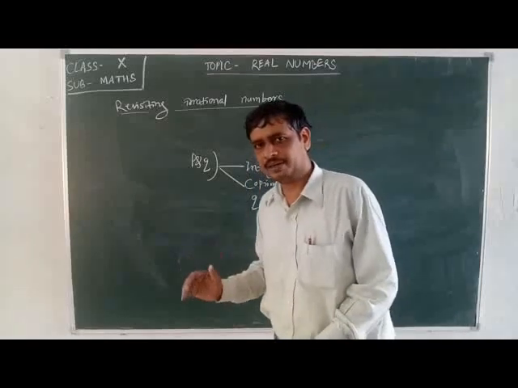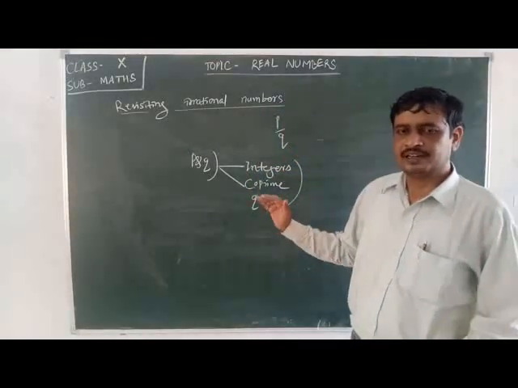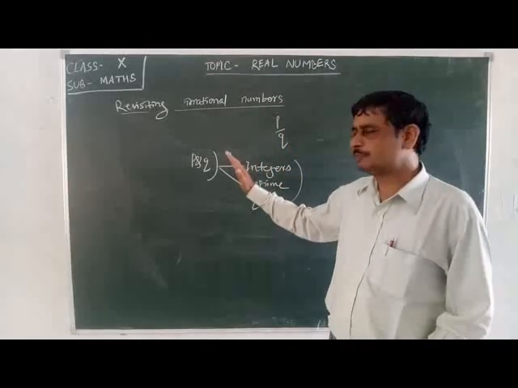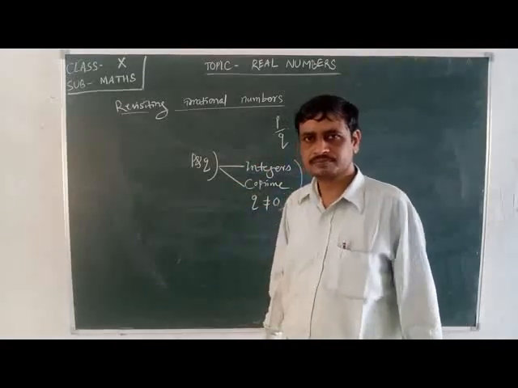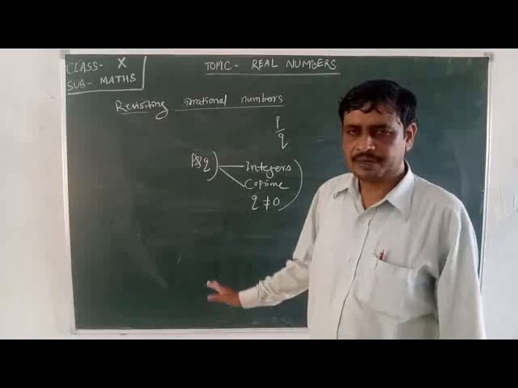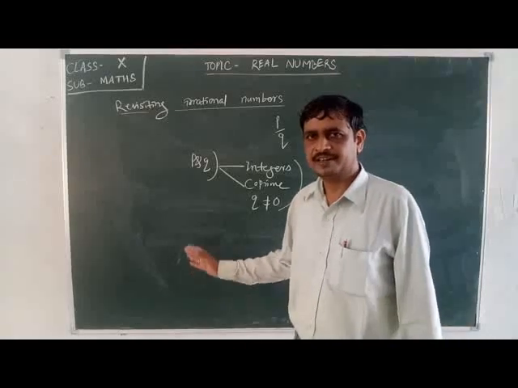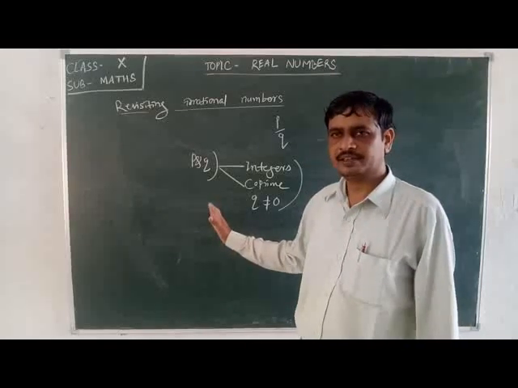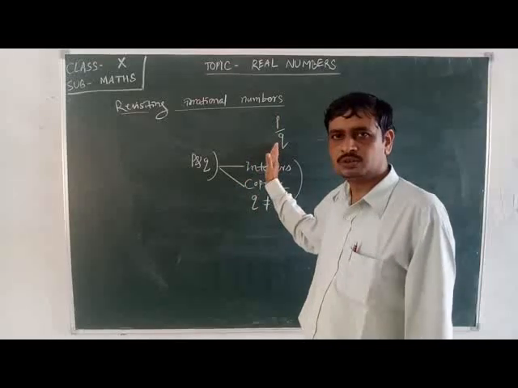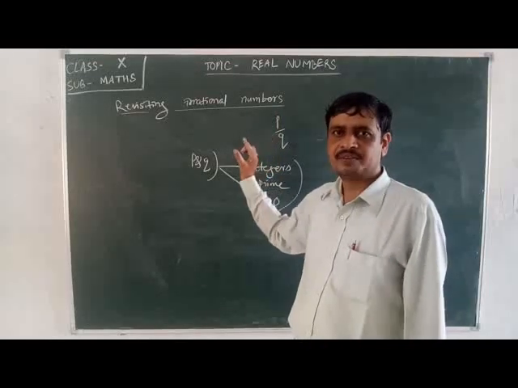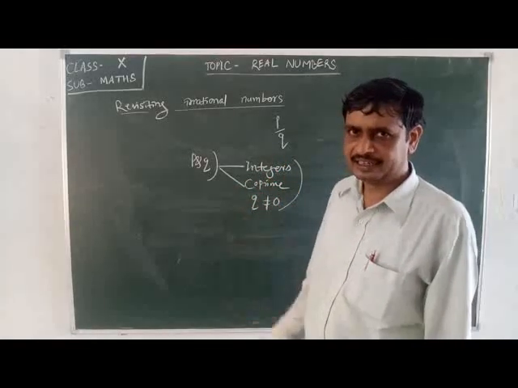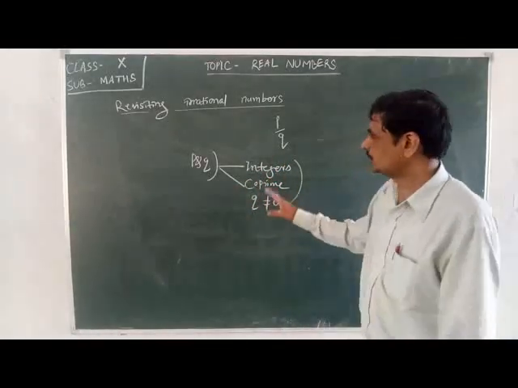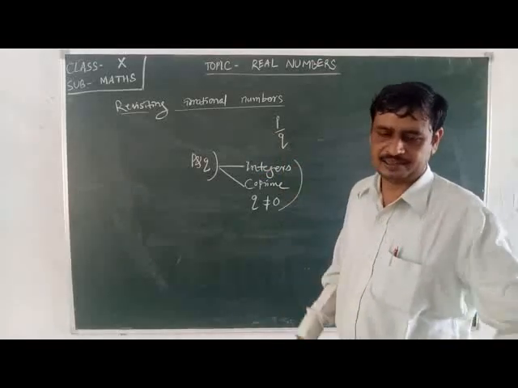If the number can't satisfy all these three conditions, then the number is said to be an irrational number. If p by q cannot satisfy any of these three conditions, then also the number is said to be irrational.